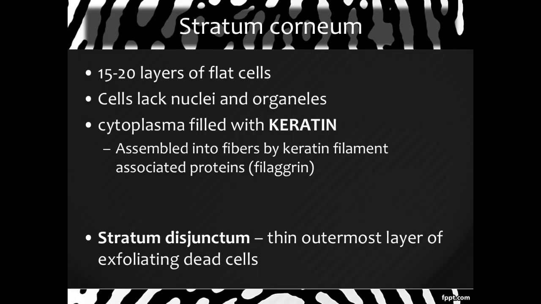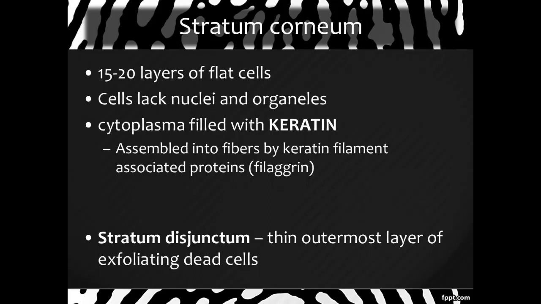On the other hand, we have the hard keratin, or trichokeratin, which is present in hair and nails. So this is soft keratin, assembled into fibers, tonofibrils and so on, by keratin filament associated proteins, like the filaggrin I've mentioned.